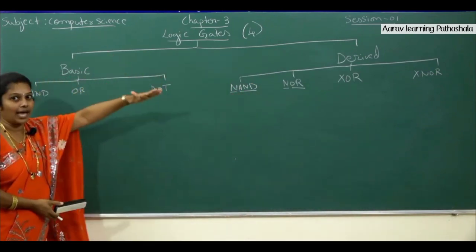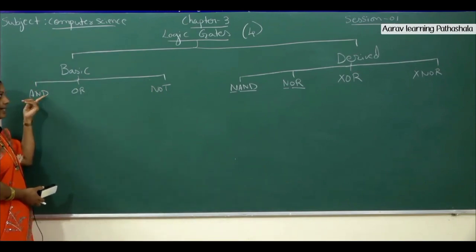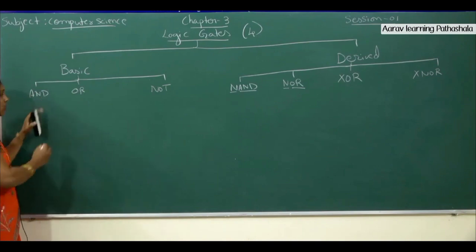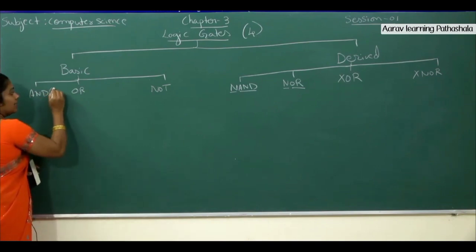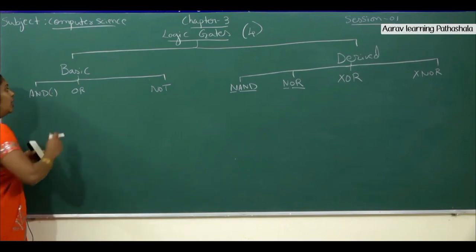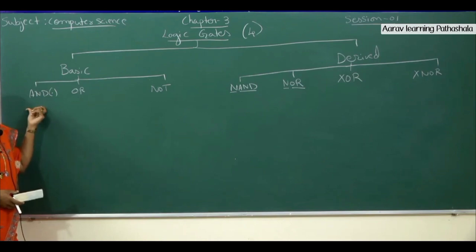Basic gates and derived gates, these are the 2 types of gates. Among the basic gates are AND, OR and NOT gates. In AND gate, we use the dot symbol in between the operand variables. The dot operator represents an AND operation.